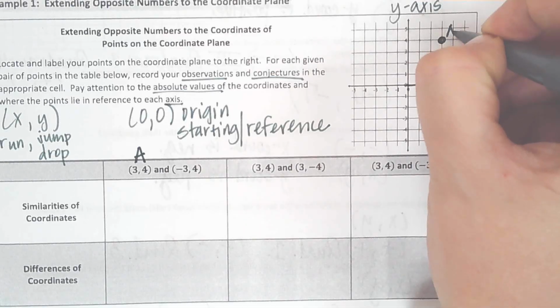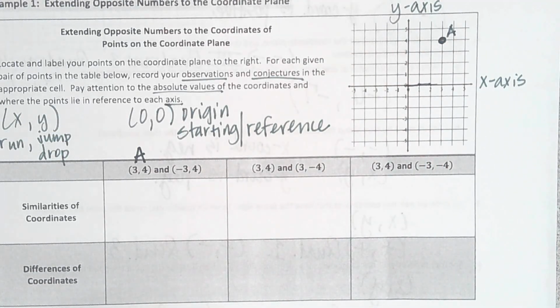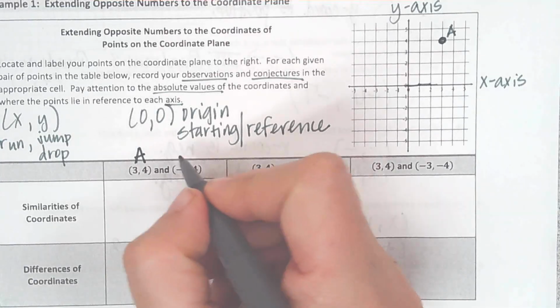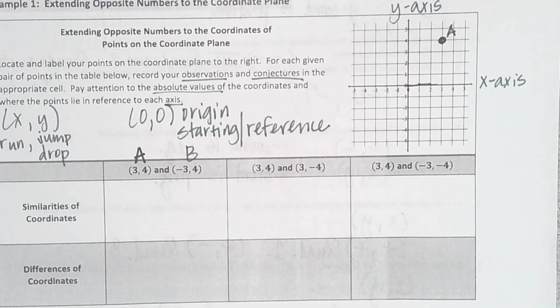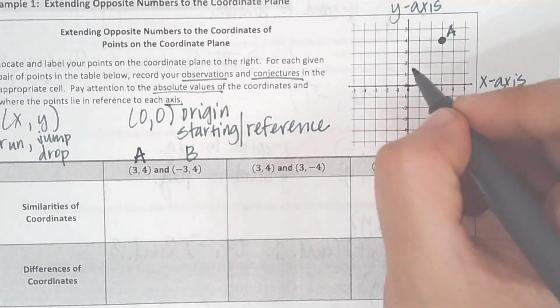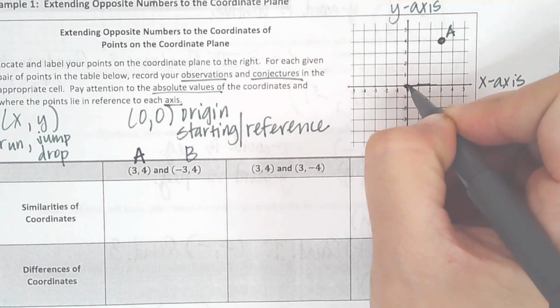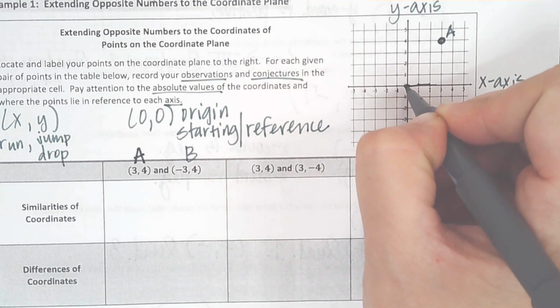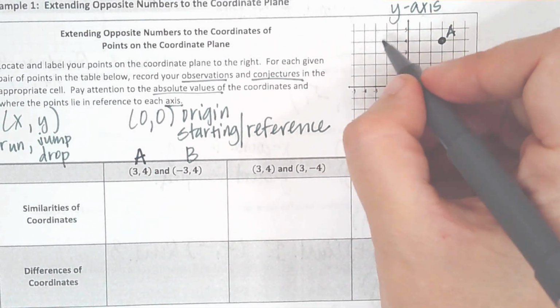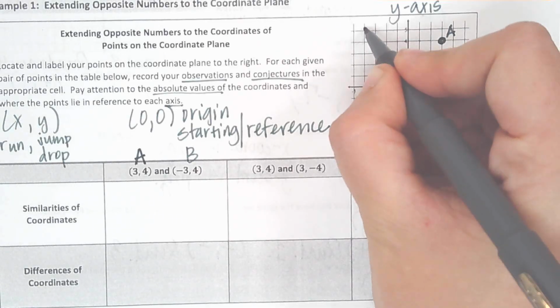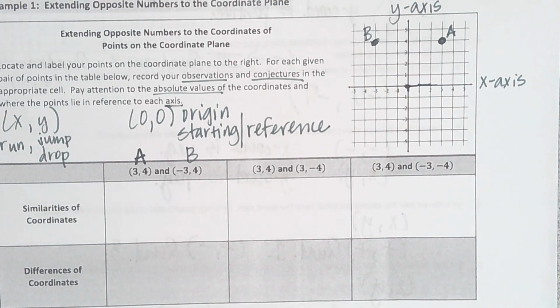So that will be labeled A. And then we're going to go and do (-3, 4), which will be labeled B. And when I do this, I'm at the origin. I need to travel to the left 3 and then jump up to 4. Okay, so I have them plotted.